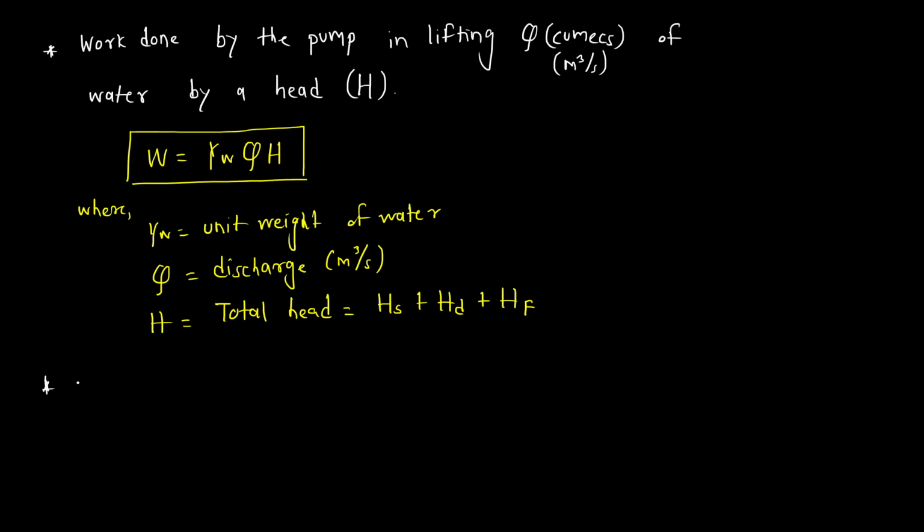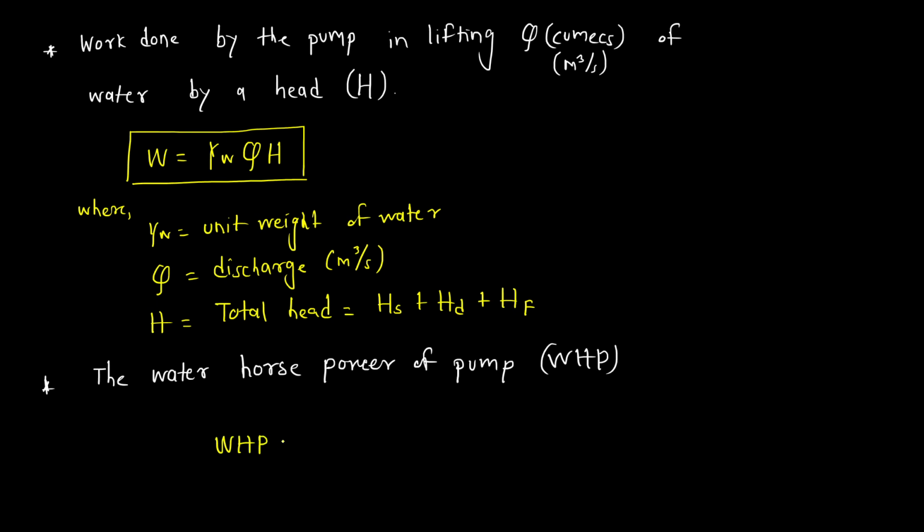Now if you want to find the horsepower of the pump required, there are two types of horsepower. The first is water horsepower of the pump, called WHP. This WHP is given as gamma W into Q into H divided by 0.735.